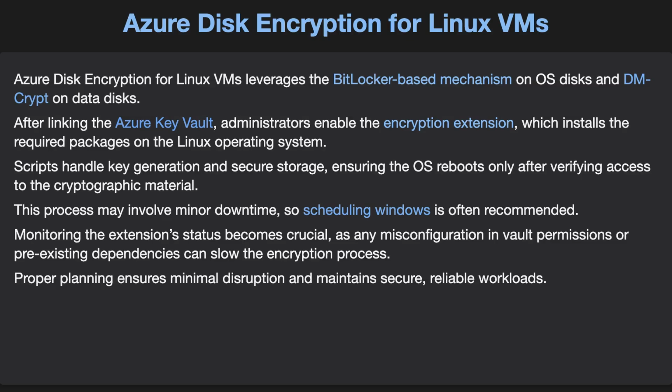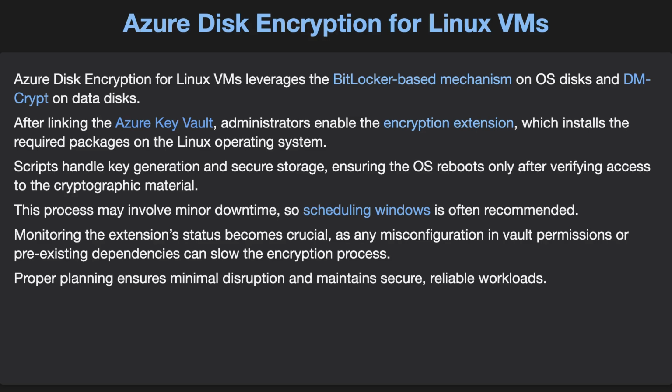Azure Disk Encryption for Linux VMs leverages the BitLocker-based mechanism on OS disks and dm-crypt on data disks. After linking the Azure Key Vault, administrators enable the encryption extension, which installs required packages on the Linux operating system. Scripts handle key generation and secure storage, ensuring the OS reboots only after verifying access to the cryptographic material.